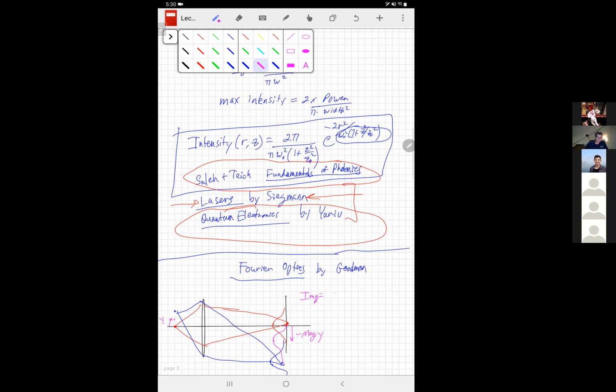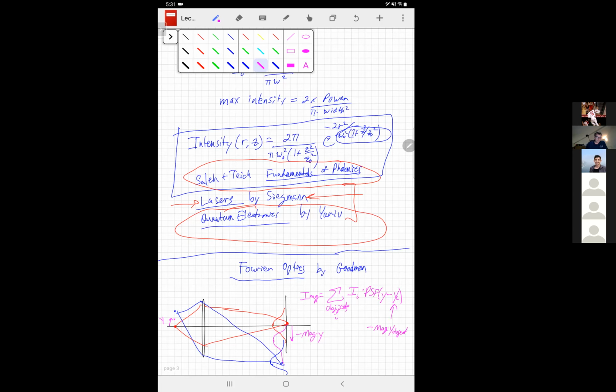And our image would be the sum over the objects, which I'll denote with the subscript i, of the maximum intensity that each one would produce, times a PSF of y minus yi, where yi is going to be minus the magnification times y of the object.